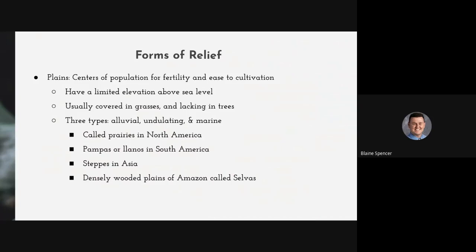All right, so there are three types of plains that are considered throughout the world. There's alluvial, undulating, and marine. Those are the three types we'll look at in a second. Now, some examples of plains throughout the world are the prairie plains here in North America.